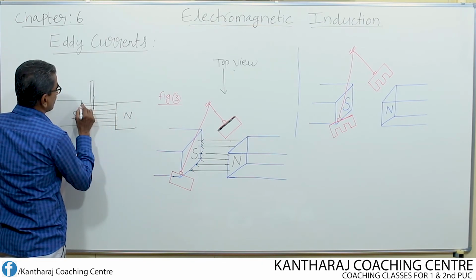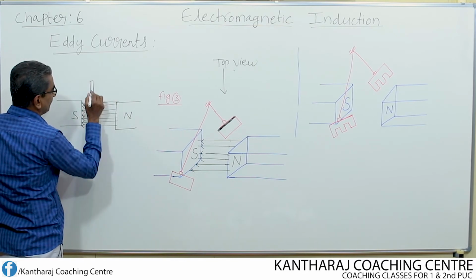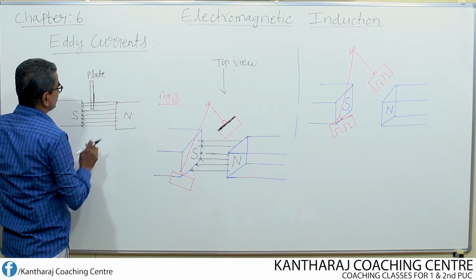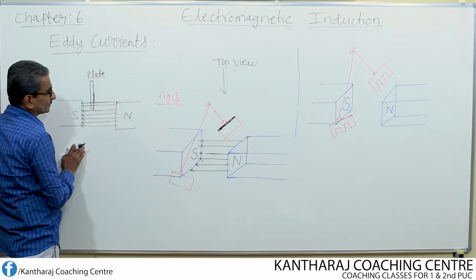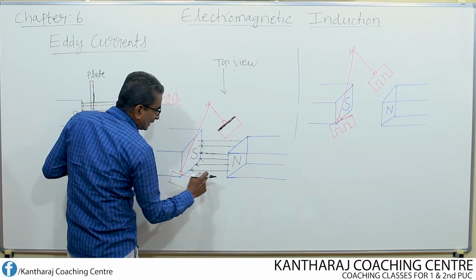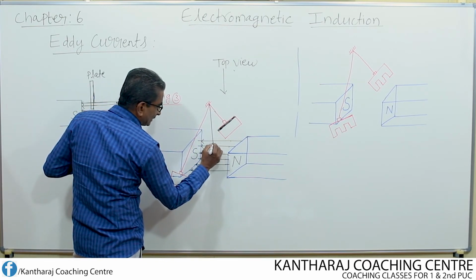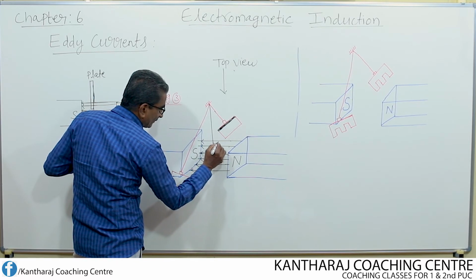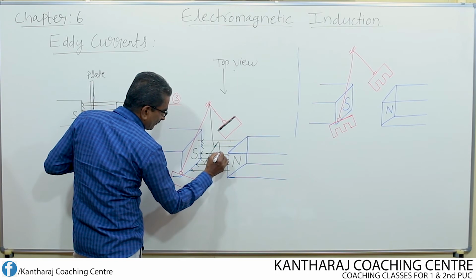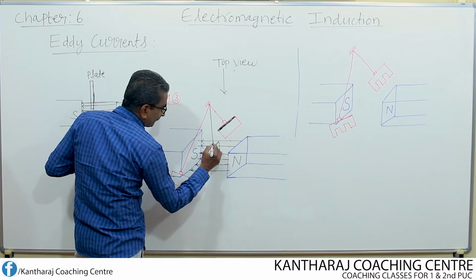Let us consider this as the magnetic lines linking with the plate. This is the plate. How many lines are said to be linking? 2 lines. Now when the plate comes exactly to the middle region of the pole pieces, like this, how many lines of force are now said to be linking?